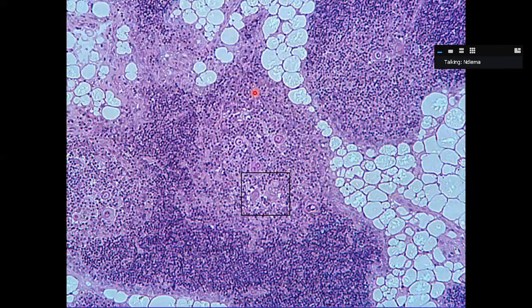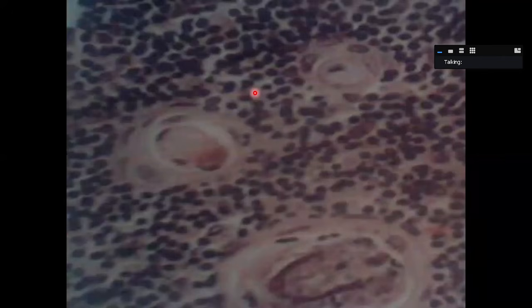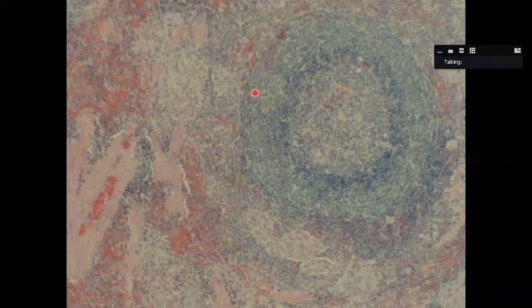The spleen: notice the splenic nodule, the trabeculae, containing smooth muscle and collagen fibers. An eccentric central vein.